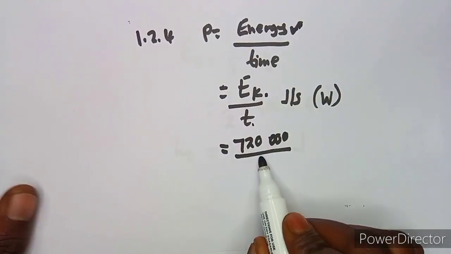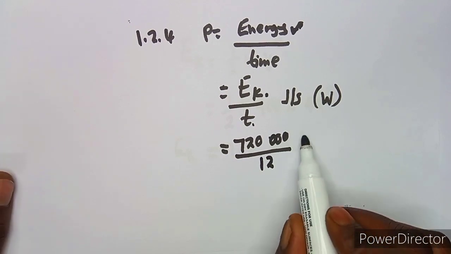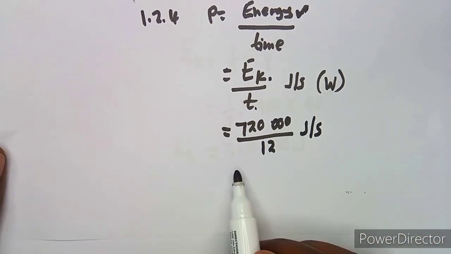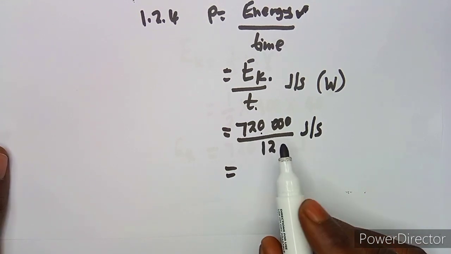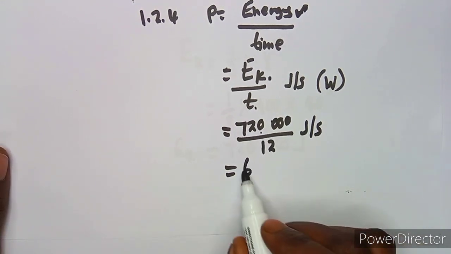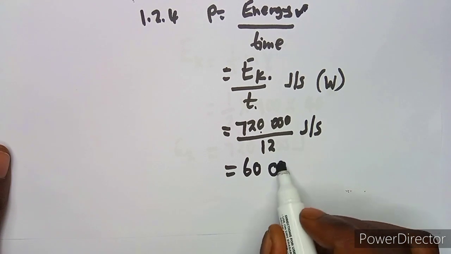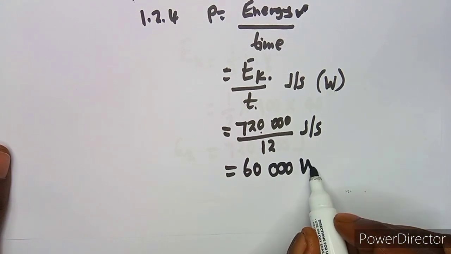So we're going to divide by 12. So this is going to give us joules per second, which is actually in what? In watts. So if we divide the two, we are going to obtain 60,000. So this will be 60,000 watts.